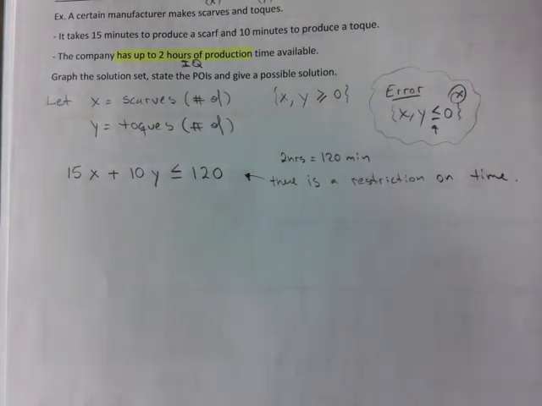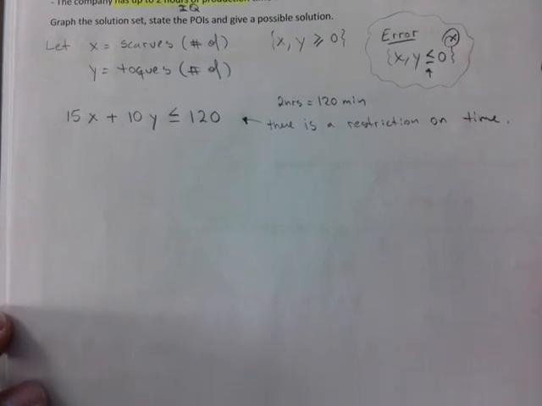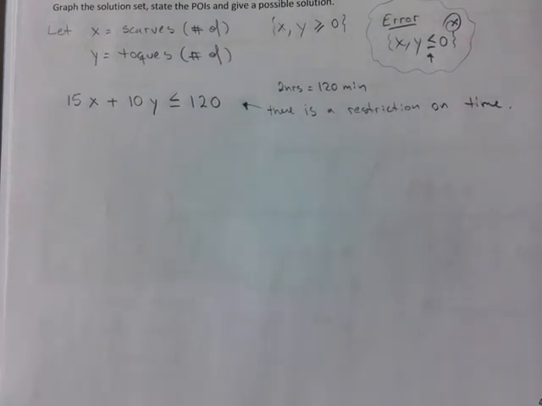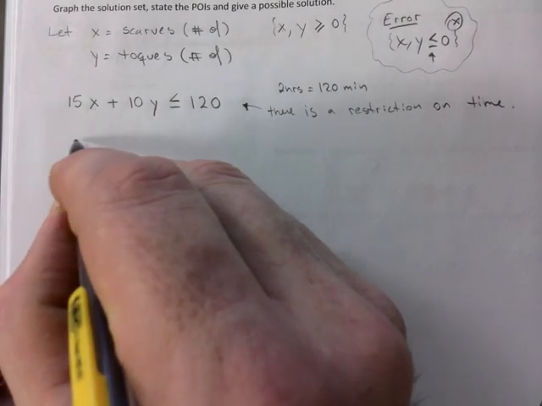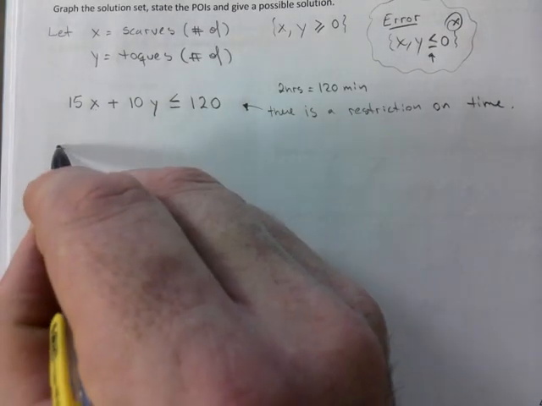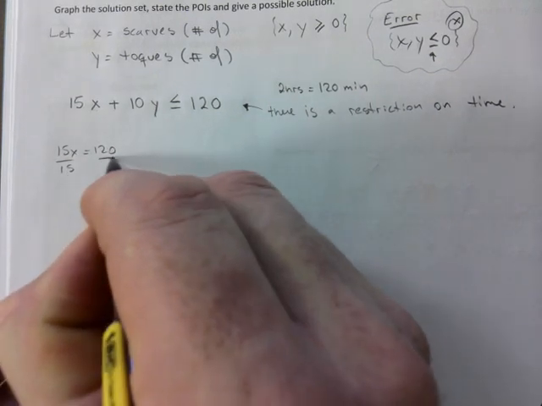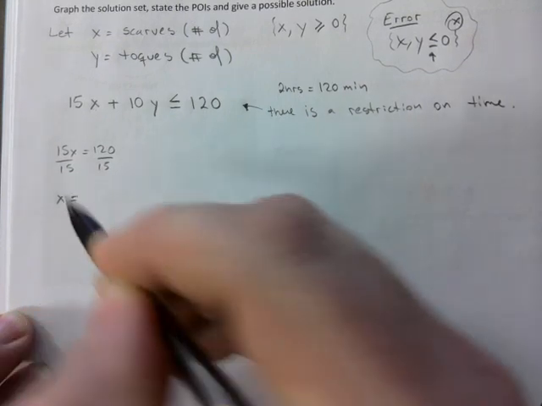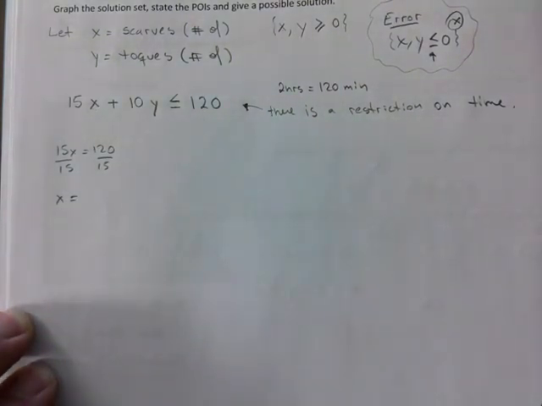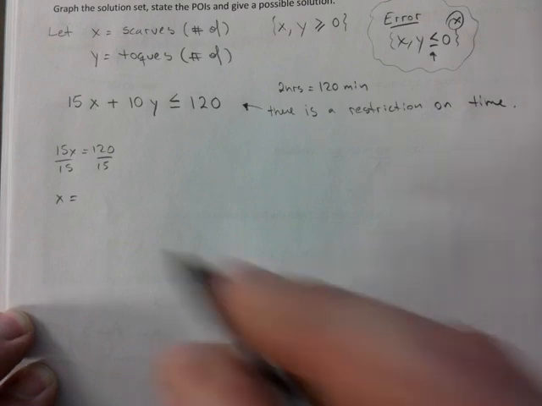In this case, it's not a system, it's just one inequality. So I will go through the motions and do the same thing as before. Once you have an inequality, I find the intercepts, rewrite it, and then graph it. The x-intercept: 15x is equal to 120. I don't have the key in front of me right now, and I don't want to get it wrong.